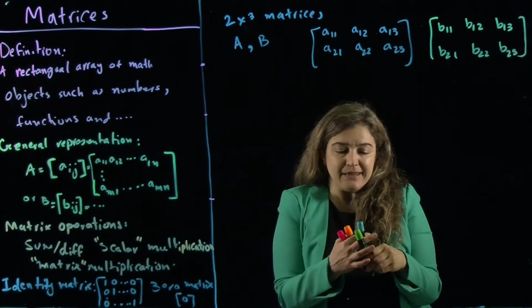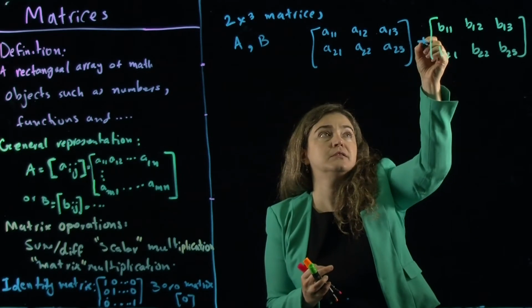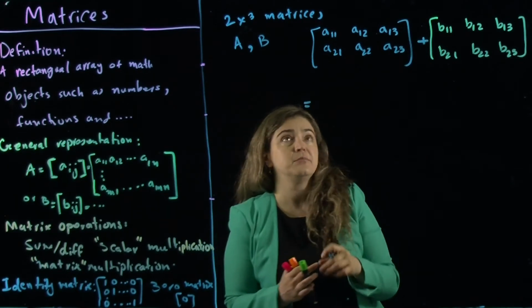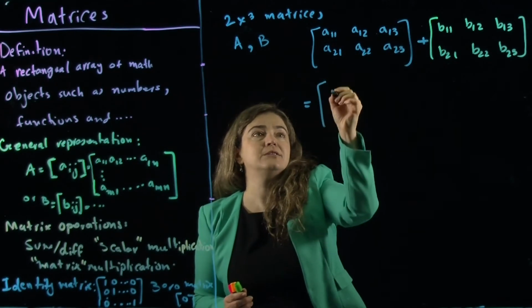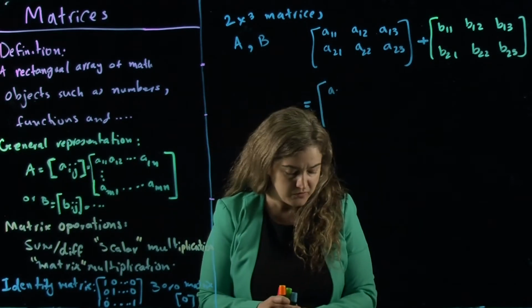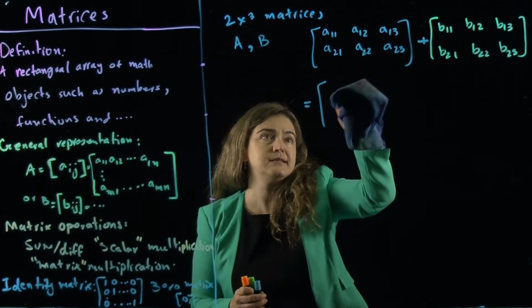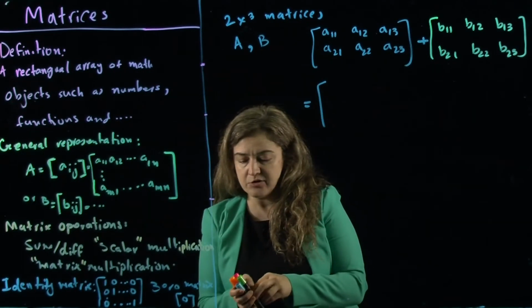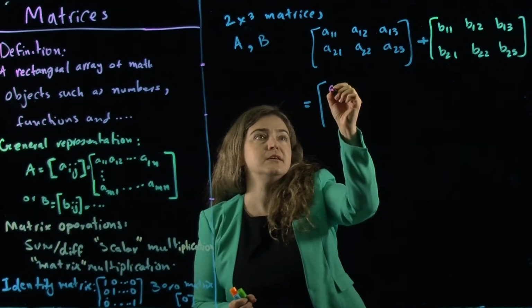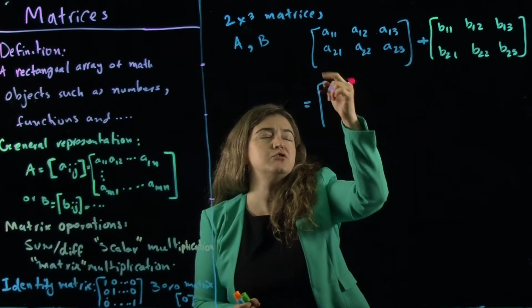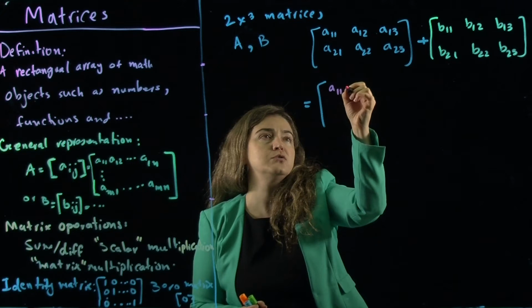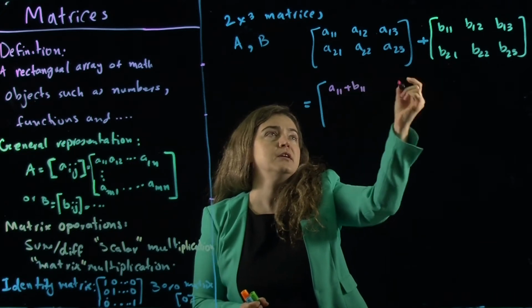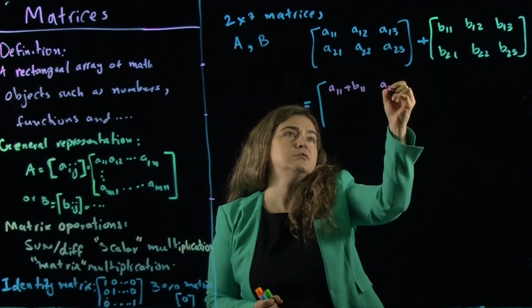And if I add them together, then the resulting matrix should be the same entries added together, and they go in the same entry place. The same entries 1, 1 add together, and they go to entry 1, 1. Entry 1, 2.